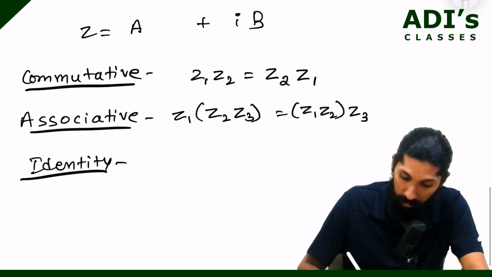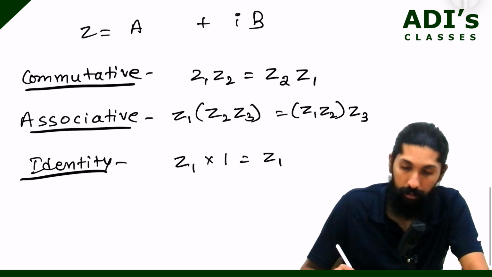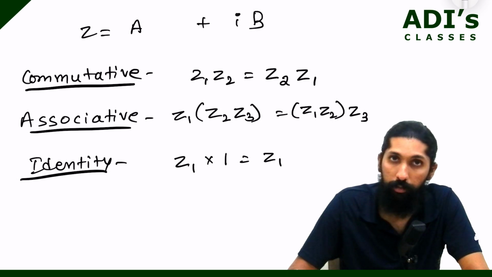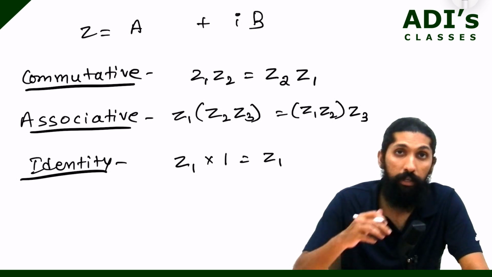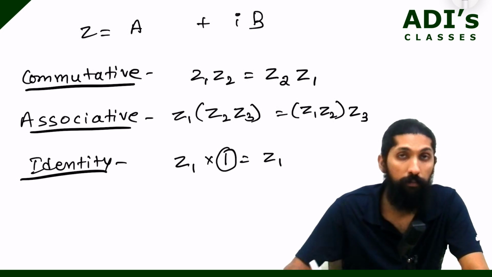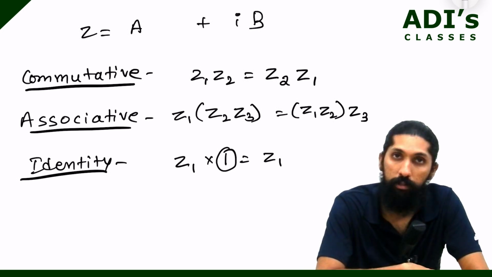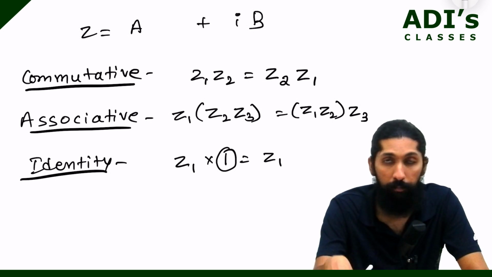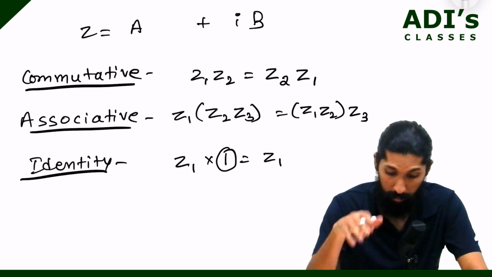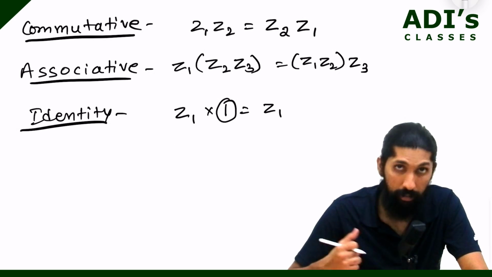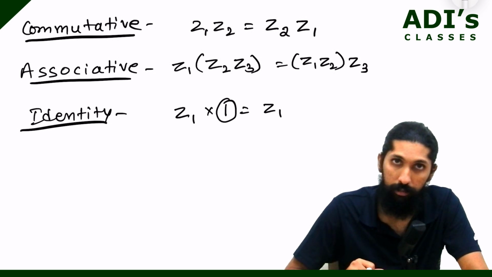That means Z1 into 1 should give you Z1. Now you all know that 1 is also a complex number. So there exists an identity in the set of complex numbers, that is 1, where if you multiply a complex number with that identity, you get the same complex number back. We just proved that the identity exists in the set of complex numbers.